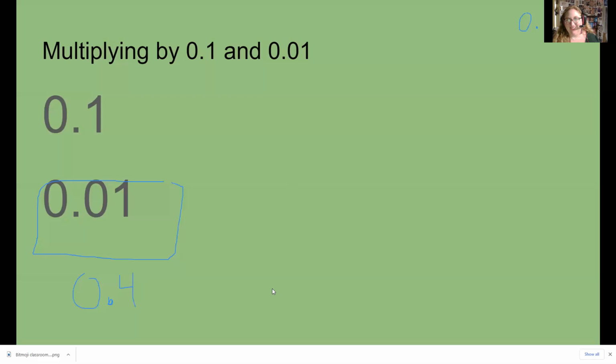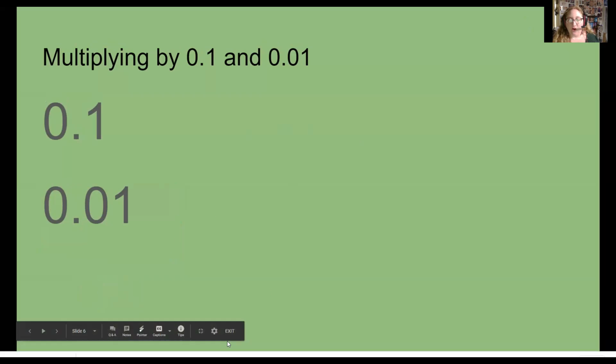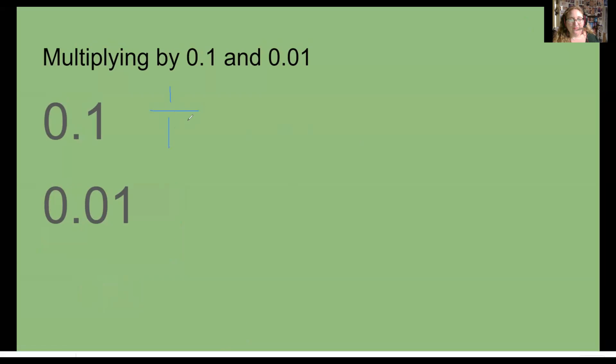Okay, another thing you can think about is 1/10 can also be written as a fraction. Oh, hey, that's also 1/10. That's the same as a division problem. 1 divided by 10.